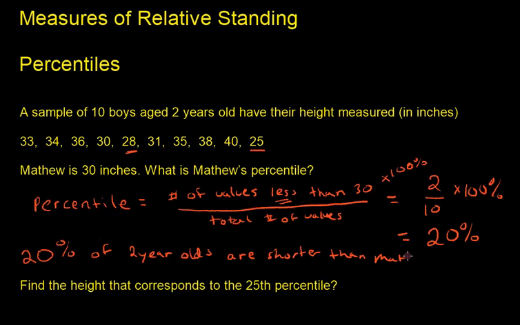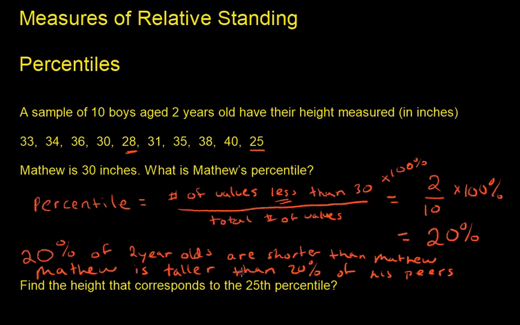Another way that you could interpret it, you could put a positive spin on it, I guess: Matthew is taller than 20% of his peers. These are two different ways of saying the same thing.